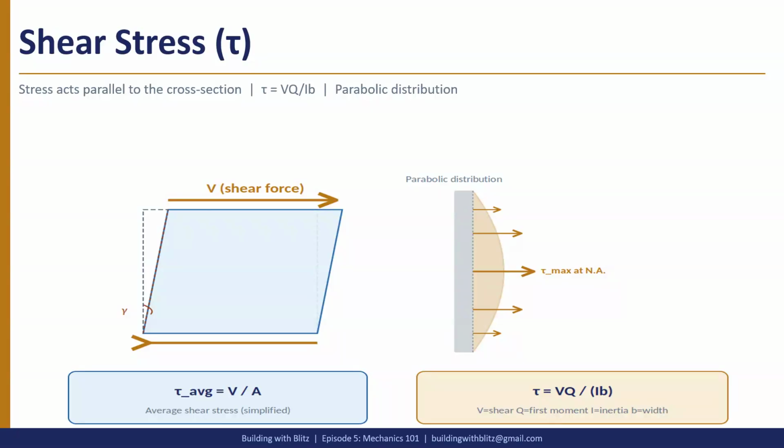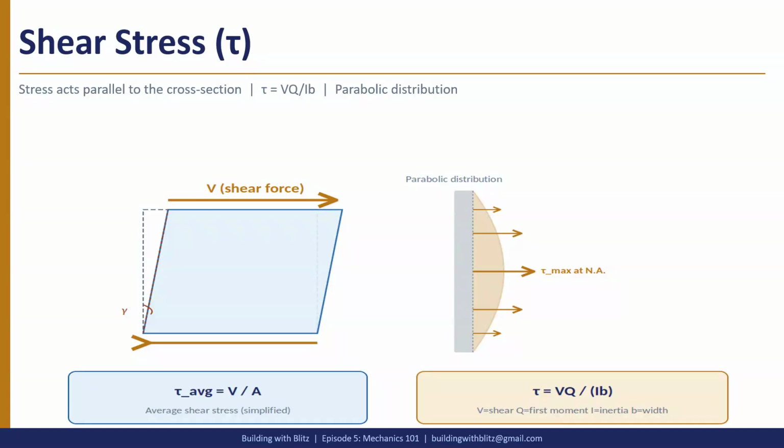So just as bending stress is resisted by the height, shear stress is resisted mostly by the width, because we're multiplying the moment of inertia by the width. To decrease shear stress, you're going to make the section taller, because we're still getting that I value, or you can also make it wider.